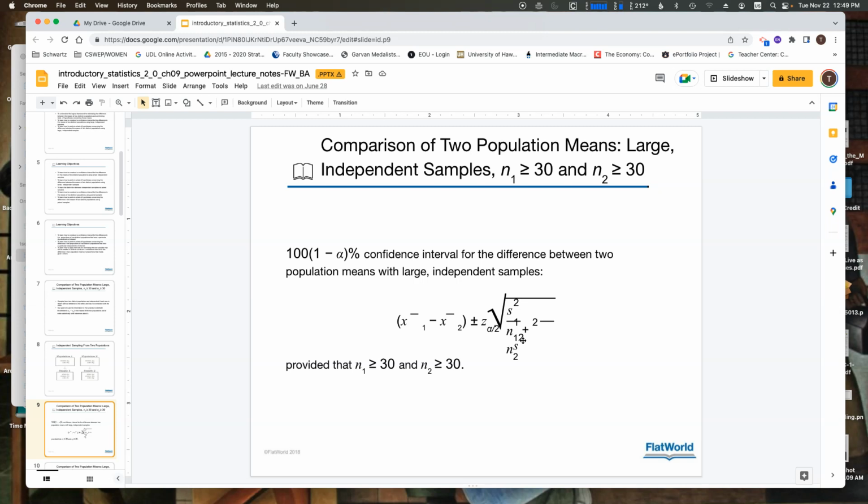Whoa, this equation certainly did not translate well, so let me rewrite it here for us.